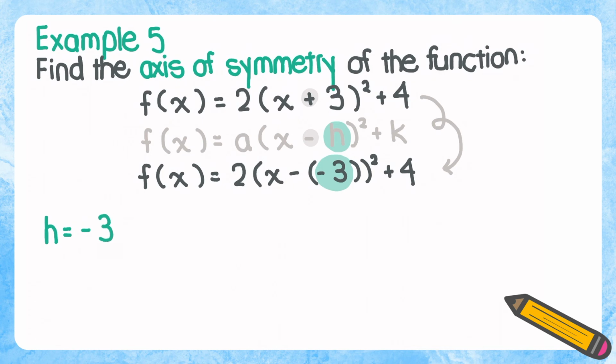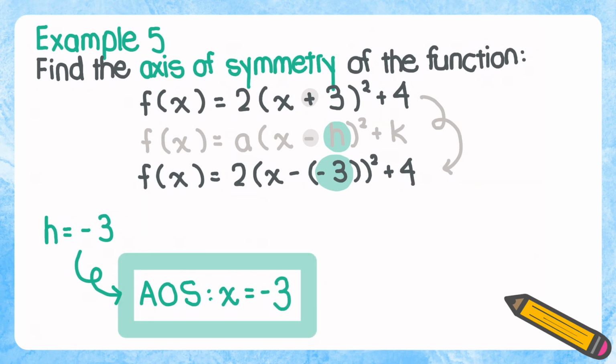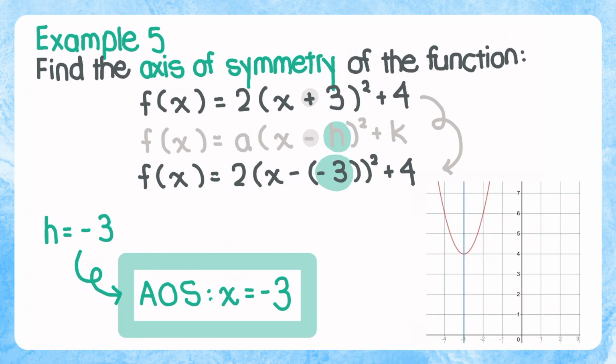H equals negative 3, so our axis of symmetry is at the line x equals negative 3. Remember, sometimes you have to rewrite the function so that it exactly matches the general vertex form. Looking at a graph, our axis of symmetry is at x equals negative 3.